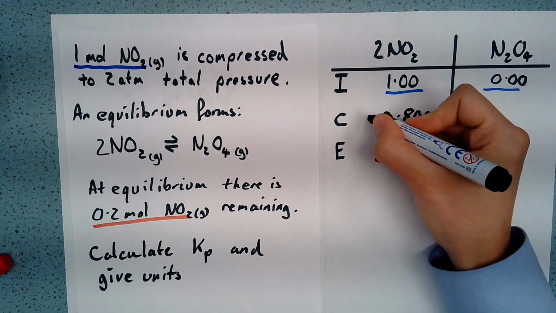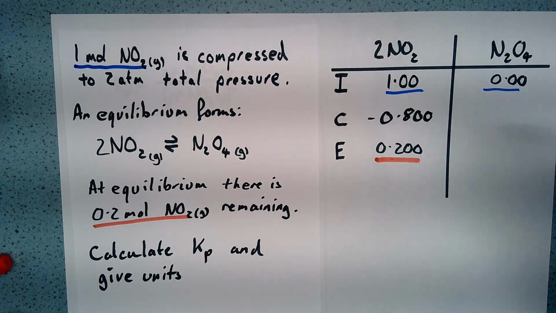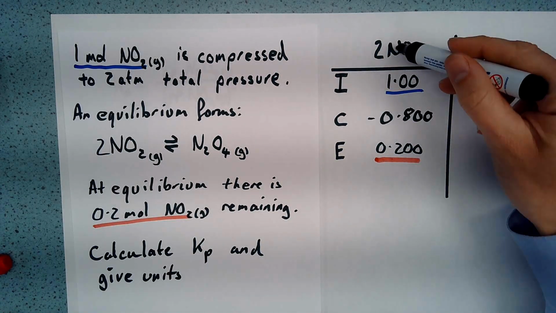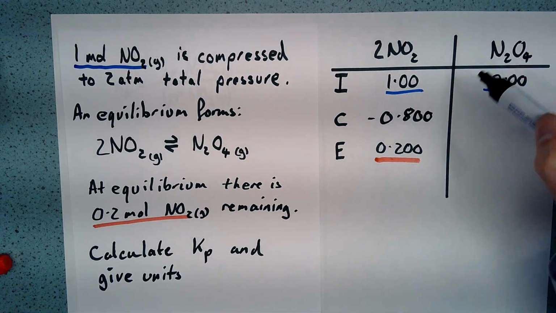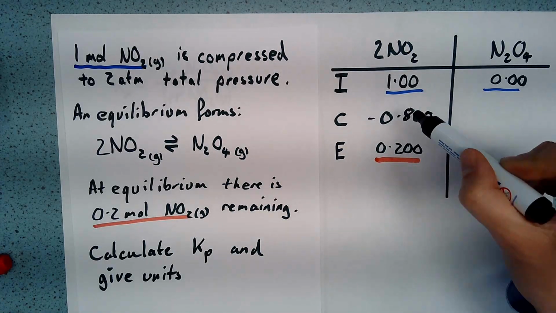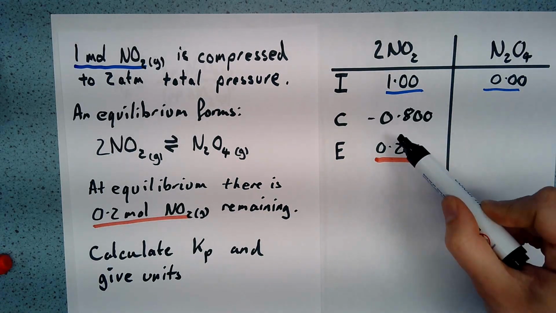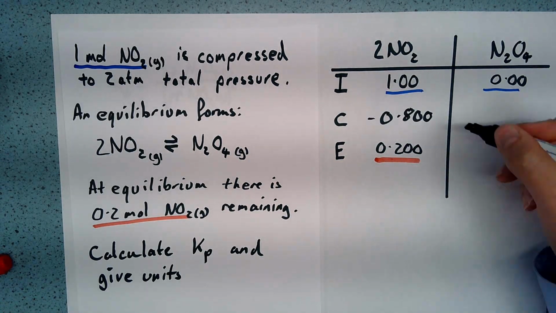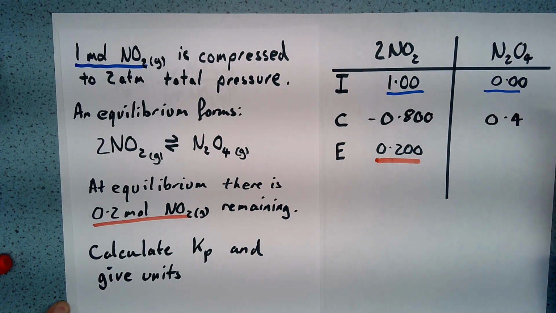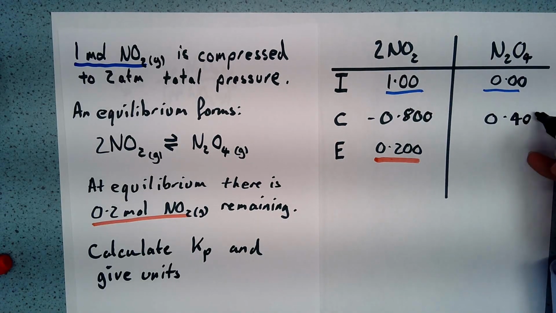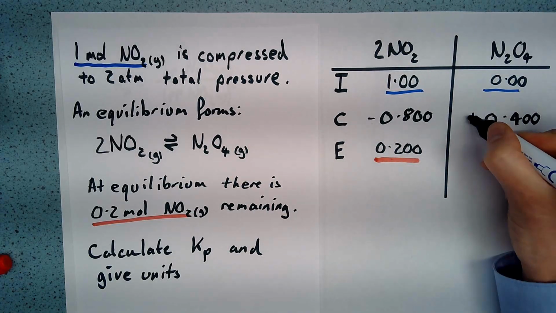Now, this is a reactant, so I'm losing 0.8 there. And this is a 2:1 ratio, so for every 2 of these particles we are going to make 1 of these, which means that a 2:1 ratio means that this change is also going to happen 2:1. Every 2 particles of this used up, 1 of these will be made. So 0.8 divided by 2 gives us 0.4. Because this is the reactant, it was negative, this is the product, we're going to have plus.